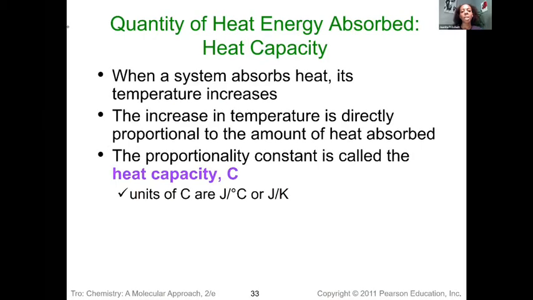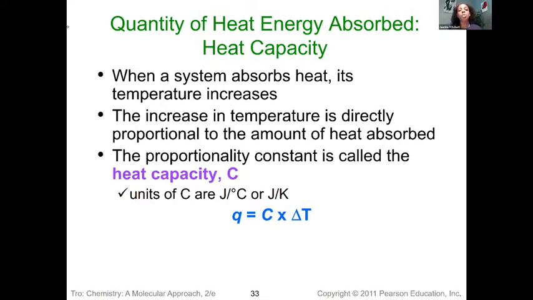Now, the amount of heat that an object can absorb is based on an idea known as heat capacity. So the capacity: how much are you capable of holding? When a system absorbs heat, as heat comes into the system, we expect the temperature to increase. How much that temperature increases is based on the heat capacity of the material.